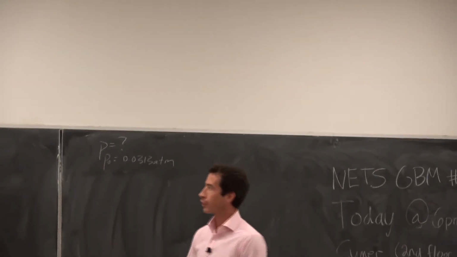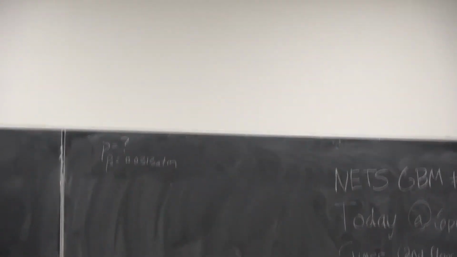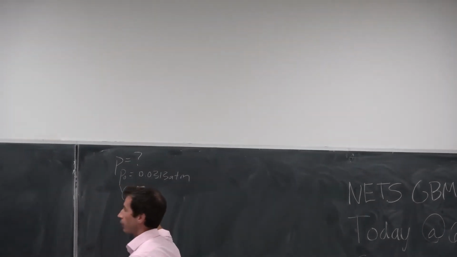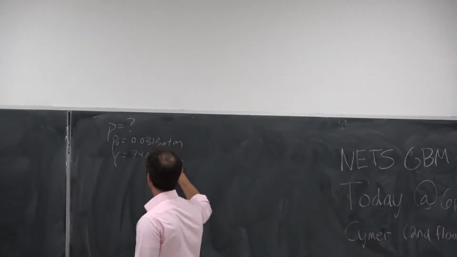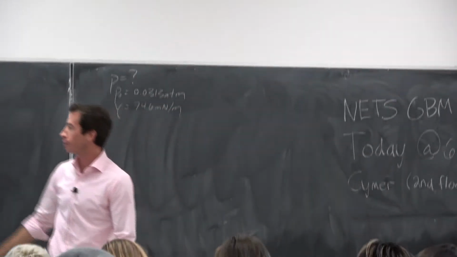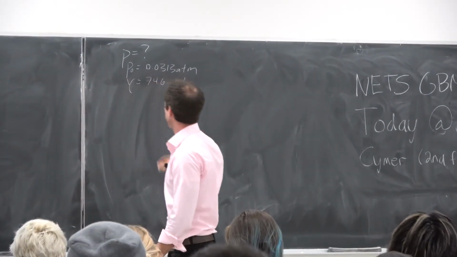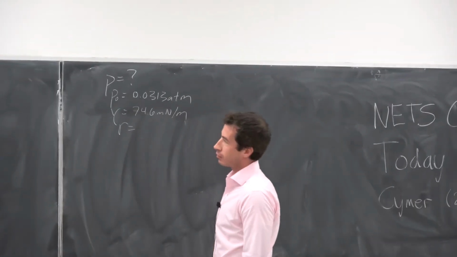We know R, we know T. What else do we need? We need surface tension, and we've got that. We need the radius of curvature. Does it say explicitly diameters?